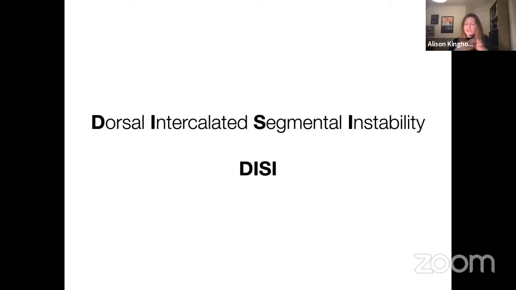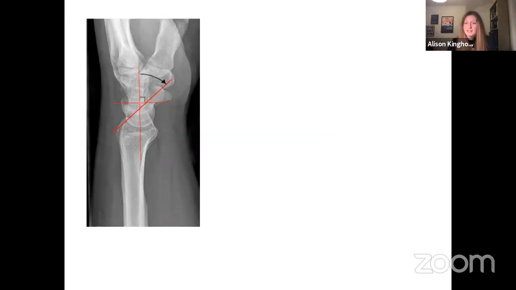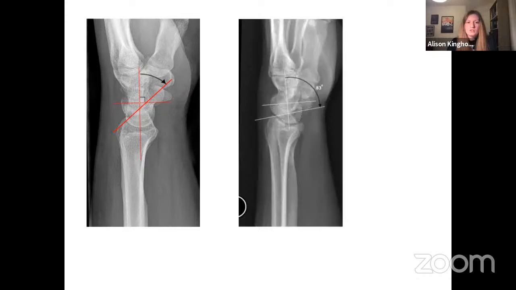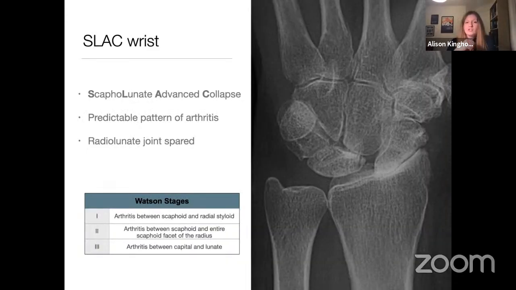Of course it will. You know, what happens when you've got joints all malaligned and rubbing in ways that they shouldn't rub? Arthritis happens. So I'll go back to that slide in a second. So what you then get is what we call a SLAC wrist. So this is what we call scapholunate advanced collapse.